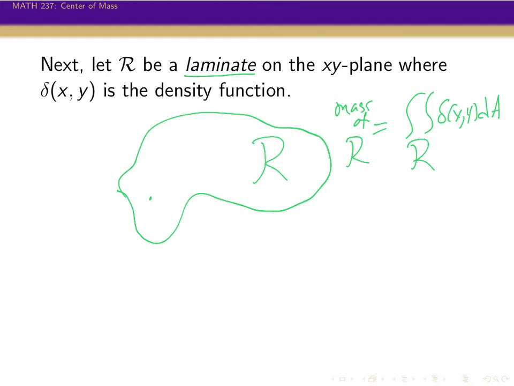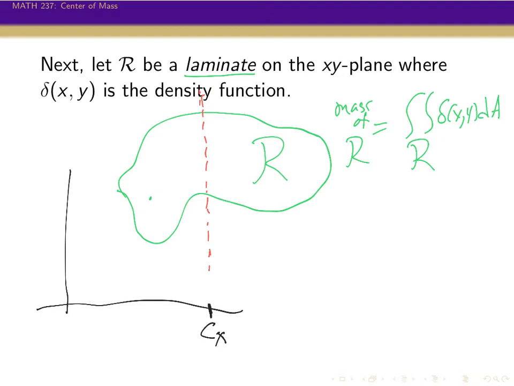So the idea is, first I'm going to find some line that's going vertically. If this is happening on the xy plane, this line is happening at some value, let's call it cx.